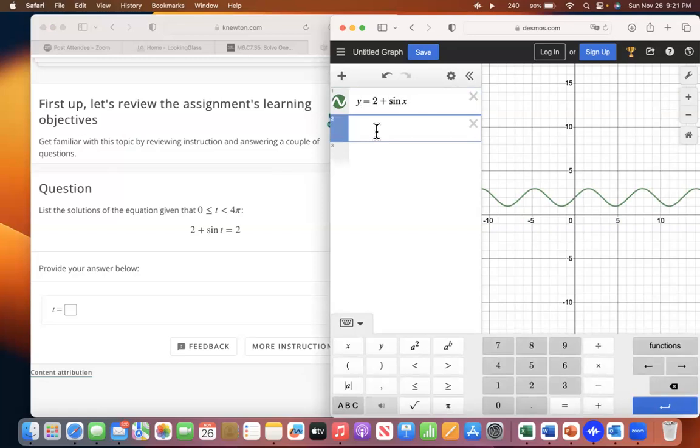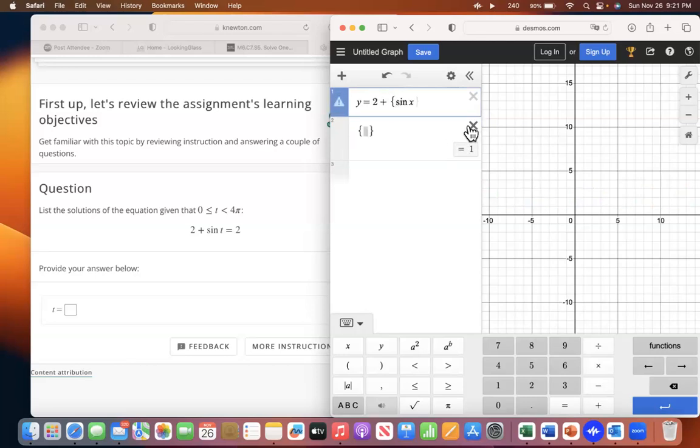Is it that thing? That's a tilde. No, a curly brace is above, usually next to the bracket on the same key as the bracket. Yeah, that's what we want, but put that in the previous one after the sine x.